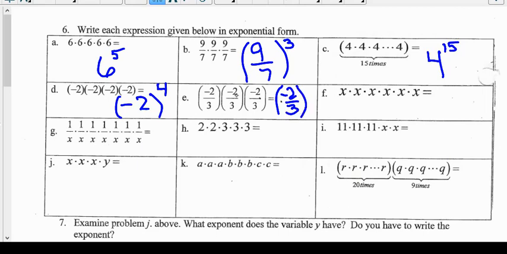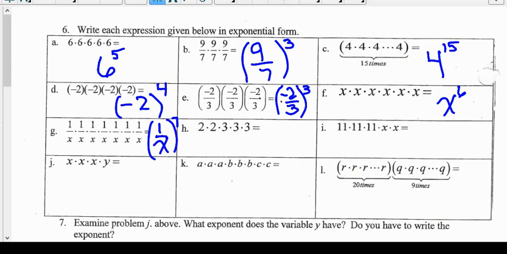Okay, 1, 2, 3 factors of negative 2/3. 1, 2, 3, 4, 5, 6 factors of x. 1, 2, 3, 4, 5, 6, 7 factors of 1 over x. It's not 7 times that, I'd just say 7 times 1 over x then, right?